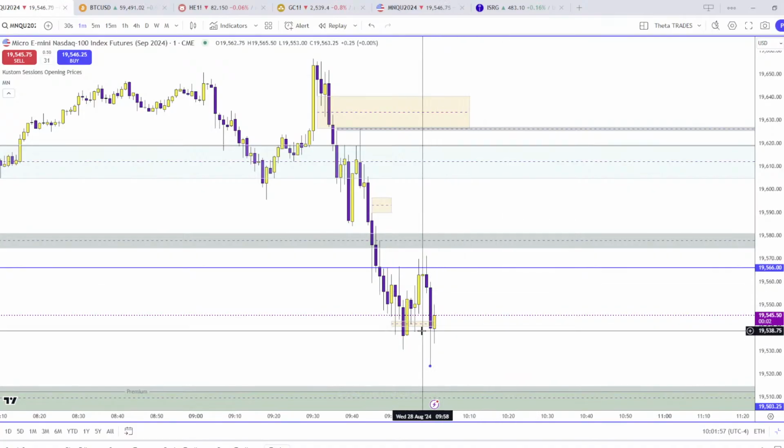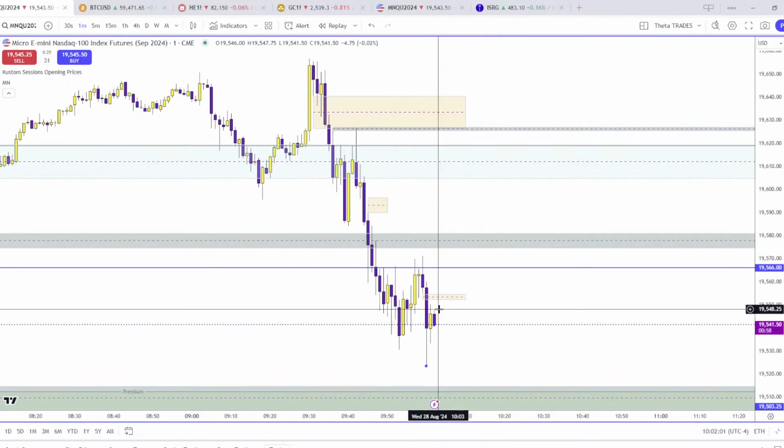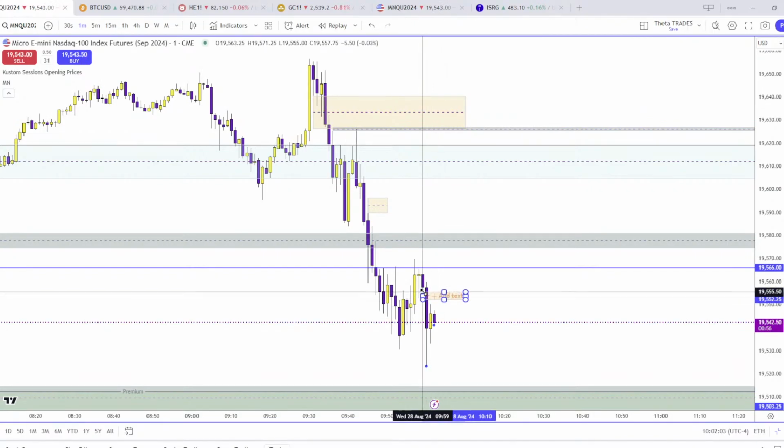Now I want to see this little fair value gap here become important for me. I see I start fiddling around with this one.